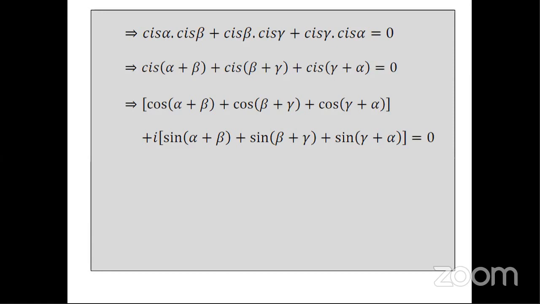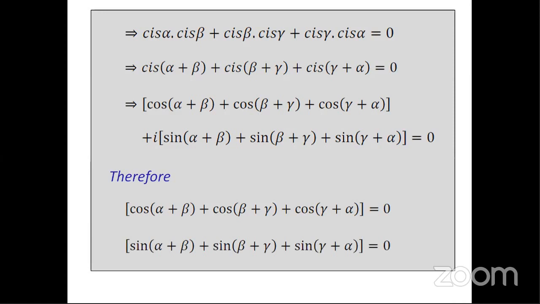Cos of (alpha plus beta) plus cos of (beta plus gamma) plus cos of (gamma plus alpha) plus i times [sin (alpha plus beta) plus sin (beta plus gamma) plus sin (gamma plus alpha)] is equal to 0. That means the real part is 0 and the imaginary part is 0 on your right hand side. So just compare the values, children. You will get cos of (alpha plus beta) plus cos of (beta plus gamma) plus cos of (gamma plus alpha) equal to 0, and sin of (alpha plus beta) plus sin of (beta plus gamma) plus sin of (gamma plus alpha) equal to 0. Right?